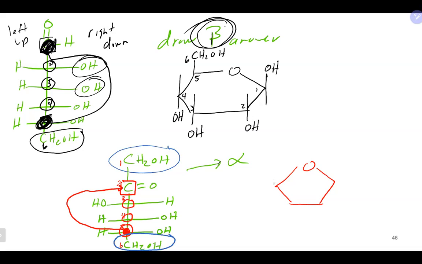But just like the other one, we do know that carbon number 6 will end up over here. So we do know that that's carbon number 6. That means that this would be carbon number 5, carbon number 4, carbon number 3, and carbon number 2 in this case. Any questions so far?